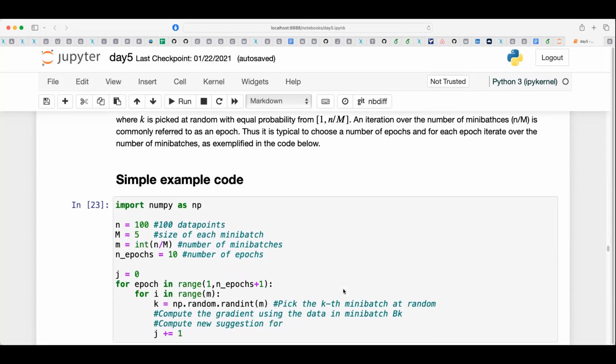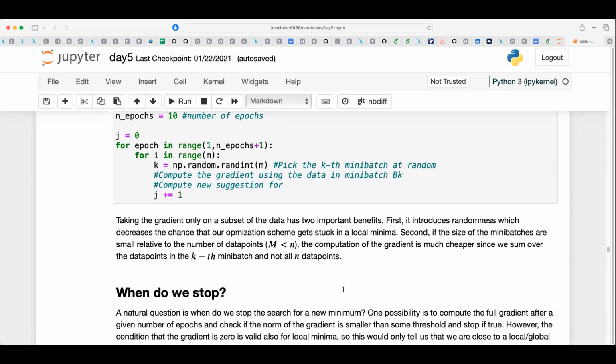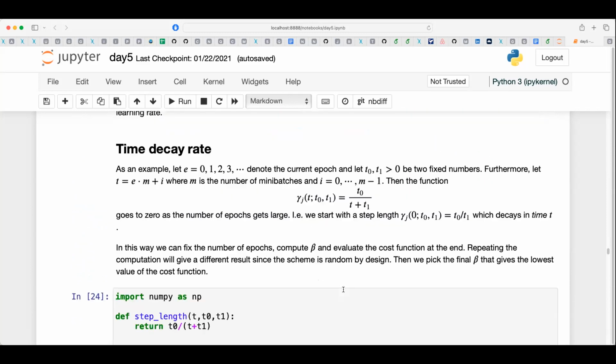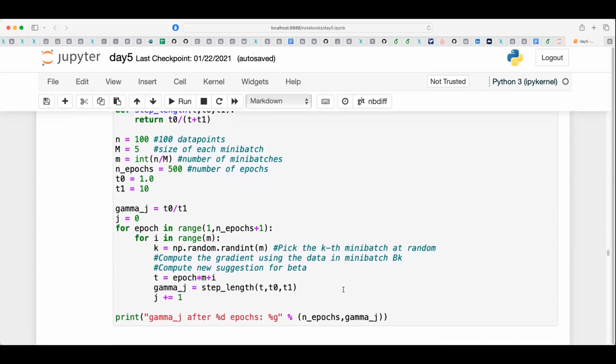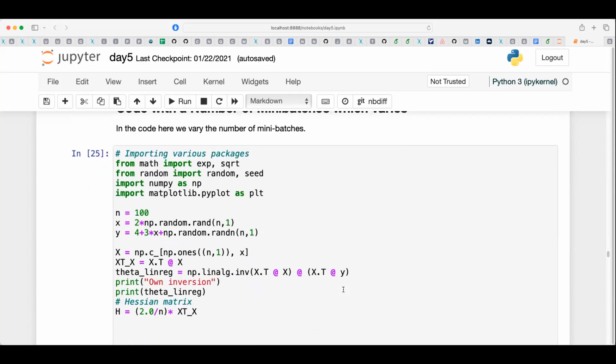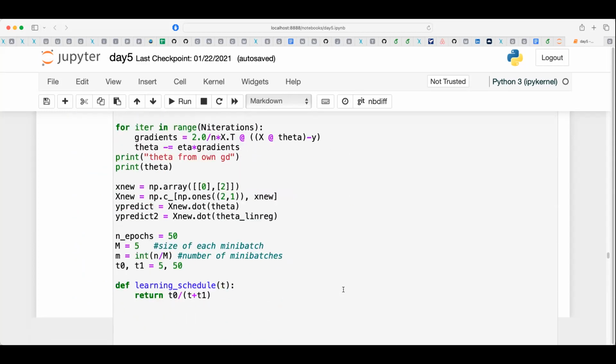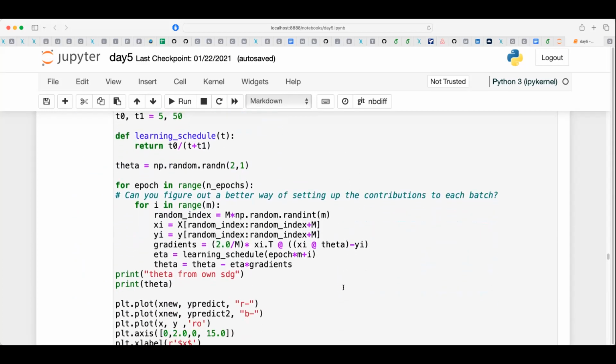So let's look at a simple example a little bit down here. Let me just show you how you could implement this. So what you would do now is run over all the mini batches. N here is something which you would initialize by finding the random index.